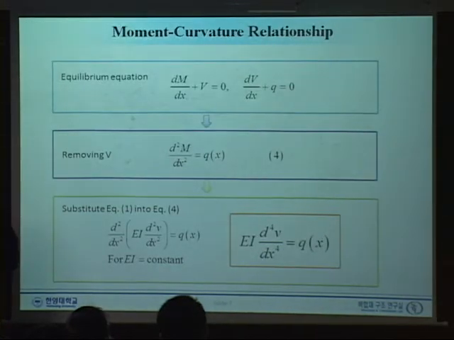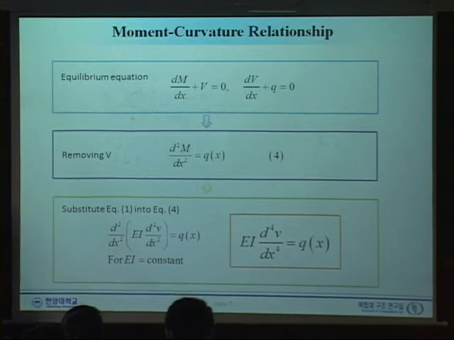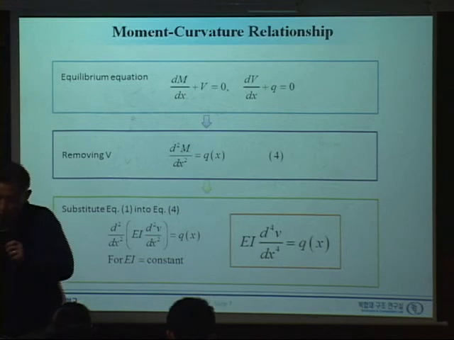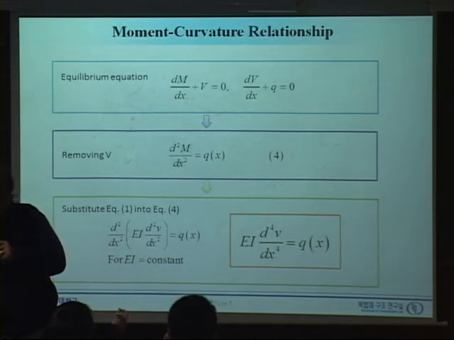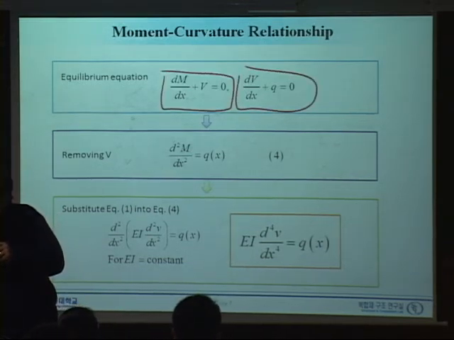Keep that in mind. And now back to our equilibrium equations. Those are two equilibrium equations which we already derived using vertical equilibrium and moment equilibrium. Which one was the vertical equilibrium? This or that? The second equation is the vertical equilibrium, right?